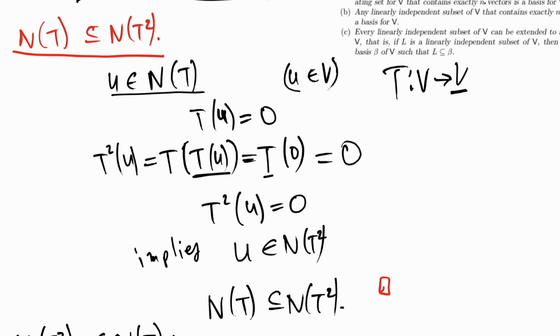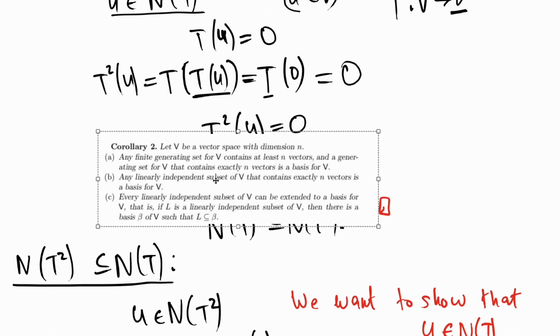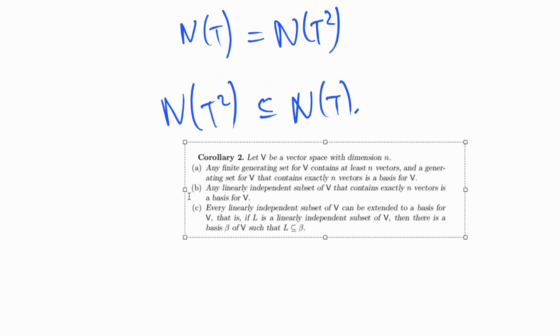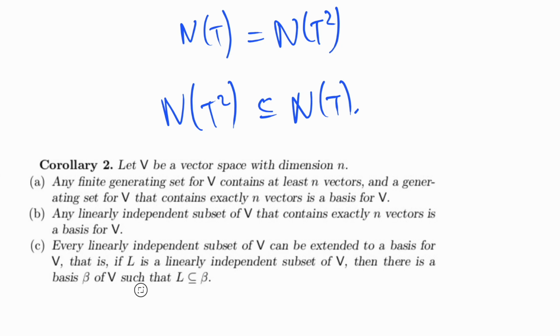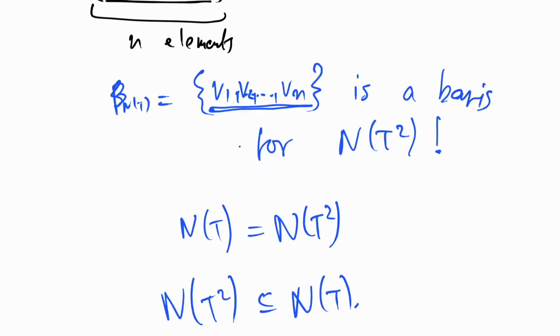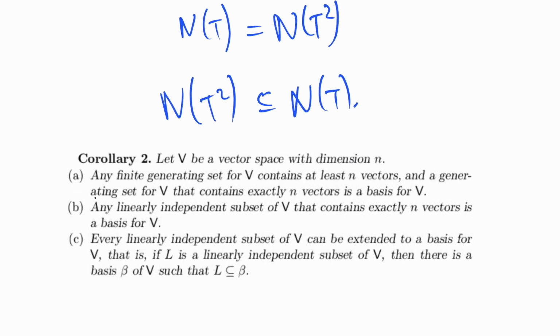So here's the result. Here is the result I'm going to paste here. Here's the result that I used to show that N(T²) and N(T) have the same basis, this one in particular.